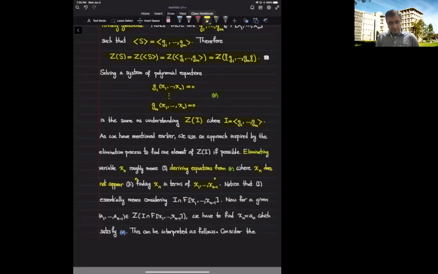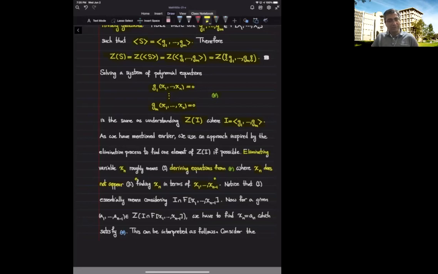Now, let's think about this. The way that we can derive equations from the g_i's is essentially by looking at multiples of the g_i's, adding them, and so on. That means we are essentially working within the ideal generated by the g_i's.